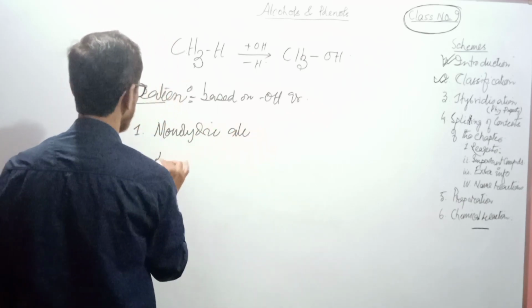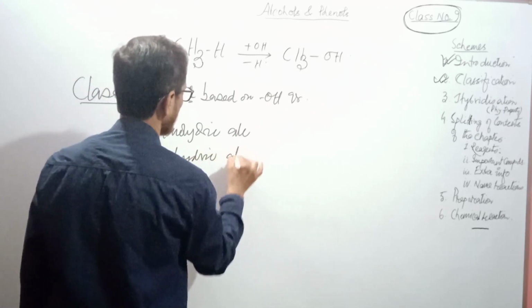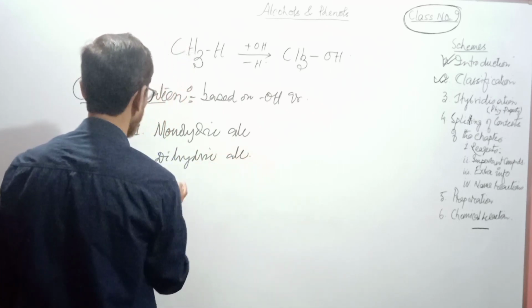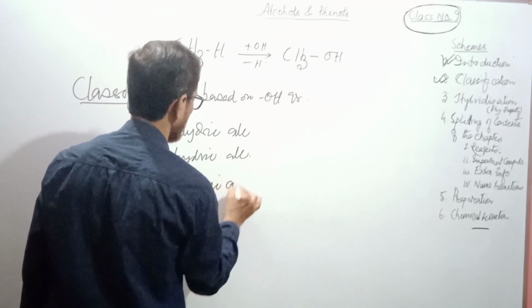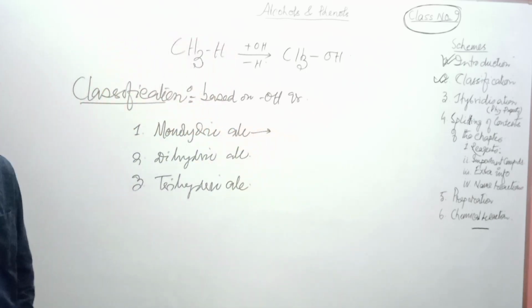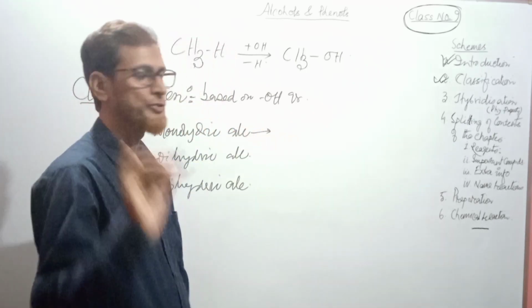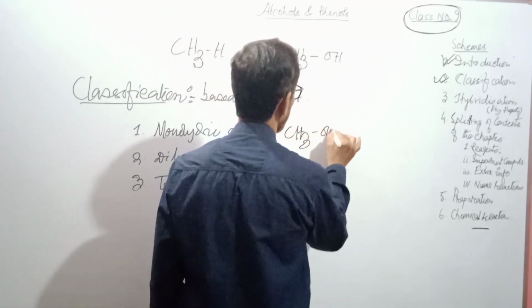Number 2, dihydric. Number 3, trihydric. If there is one OH group, then it is monohydric.